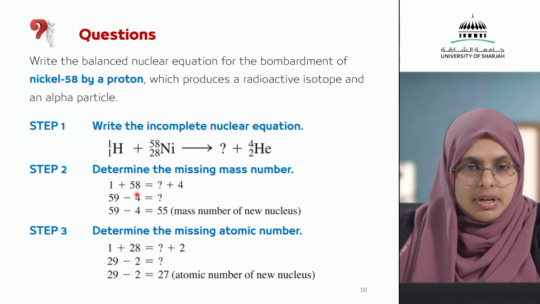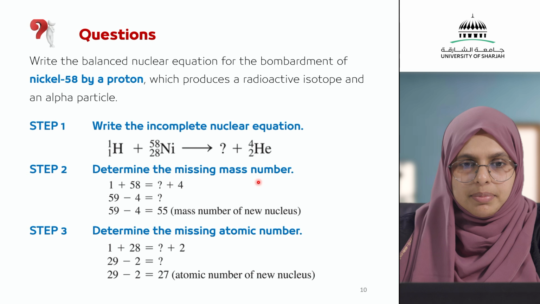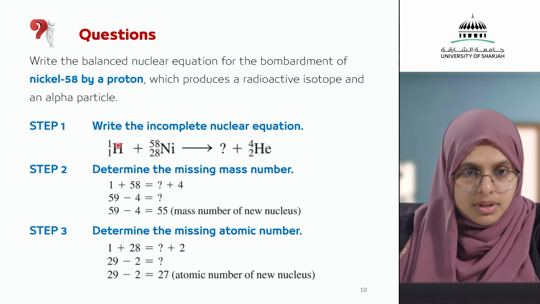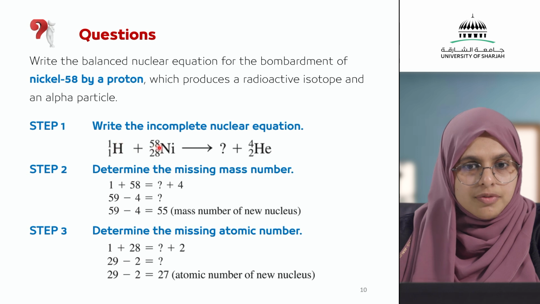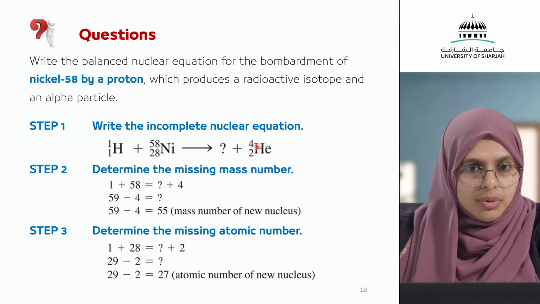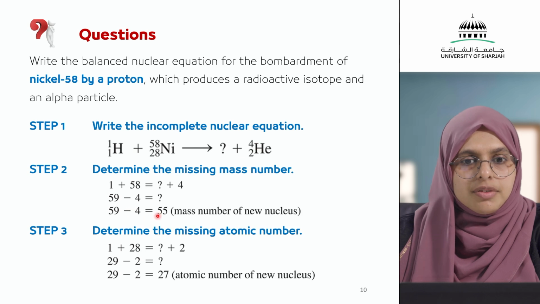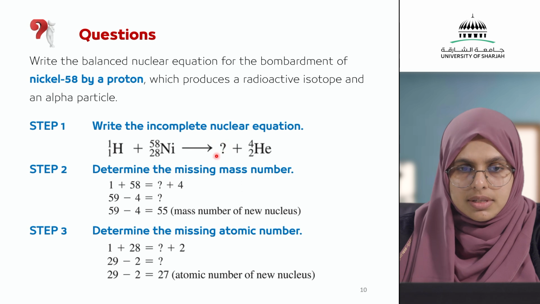In the second step, determine the missing mass number. You take the sum of the mass number of proton, that is 1, and nickel-58, that is 58, which gives 59, and you subtract the mass number of alpha particle, which is 4, from 59, giving 55, which is the mass number of the new nucleus.